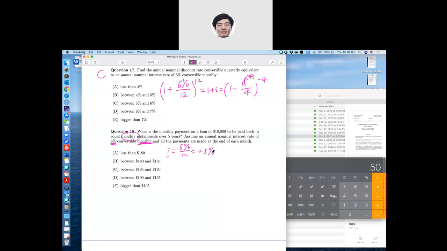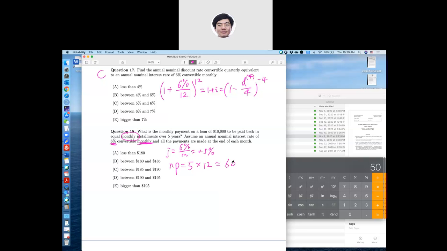So 0.5% is the effective monthly interest rate. Then let's figure out how many months are 5 years. Each year has 12 months. So I have 60 months over 5 years.